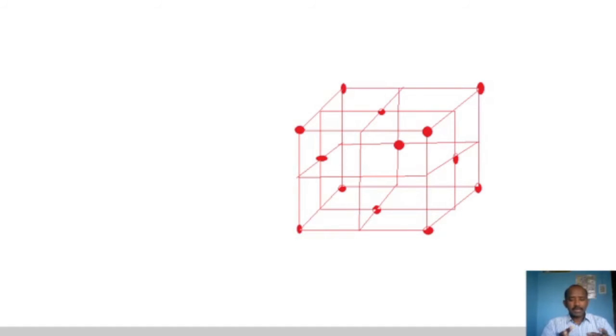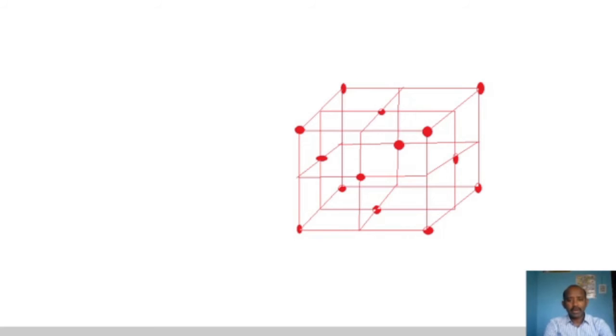Now what we are observing is, we have placed the chlorine atoms at the corners. There are 8 corners, 1, 2, 3, 4, 5, 6, 7, 8 corners, and we have placed the chlorine atoms at the center of the faces. There are 6 faces and we have placed 6 atoms, 1, 2, 3, 4, 5 and 6, in all the faces.